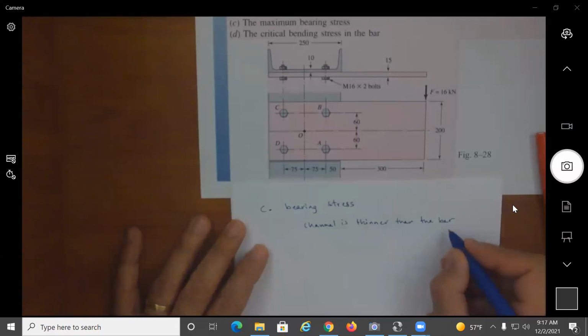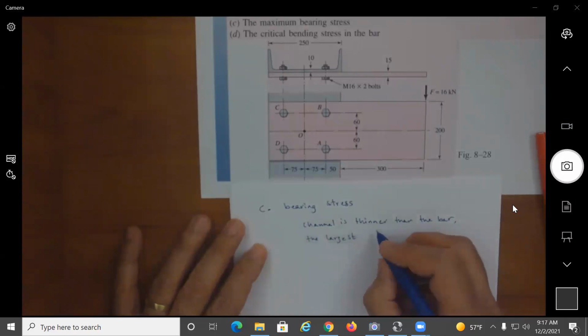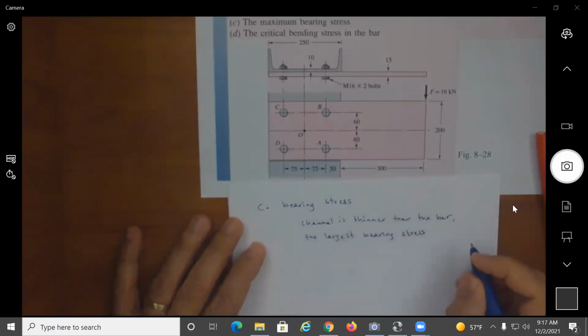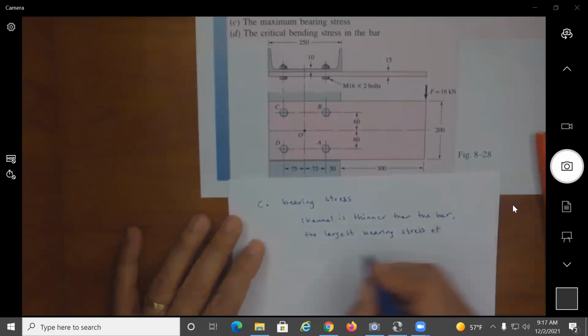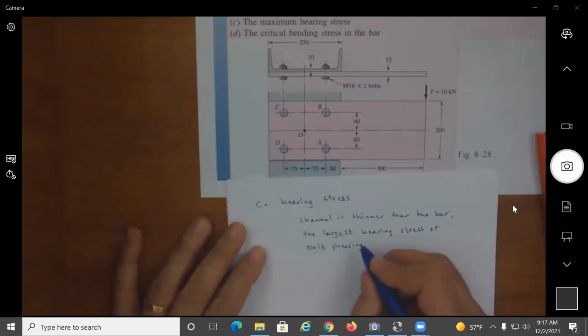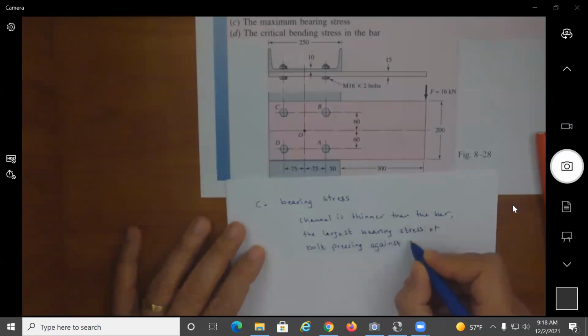So I can say that the largest bearing stress is, of course, of the bolt pressing against the channel.